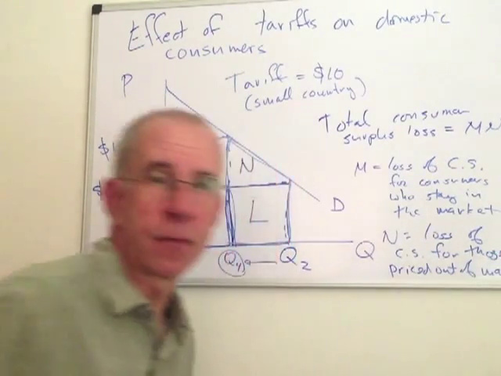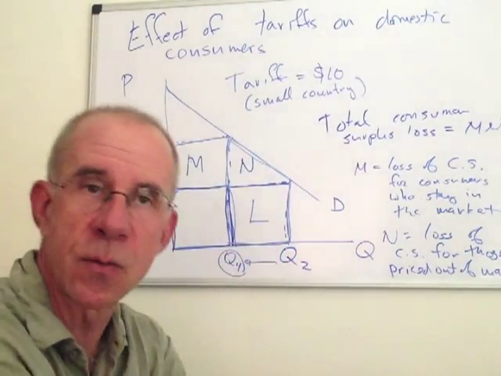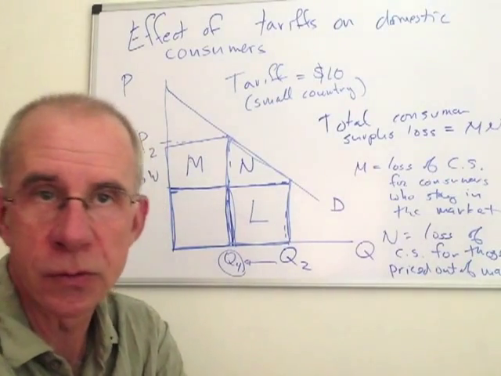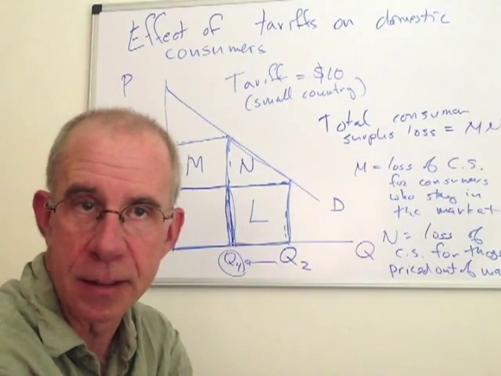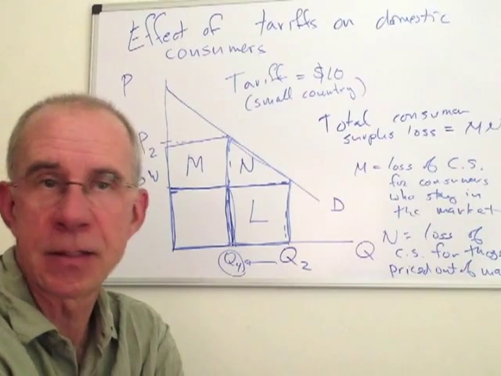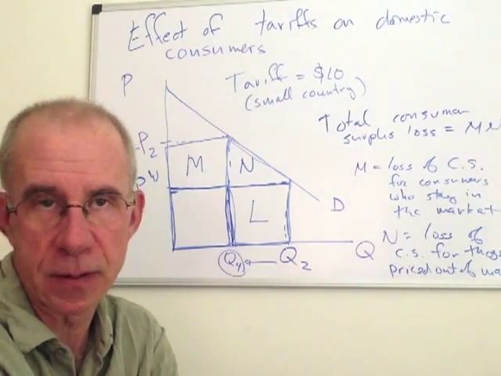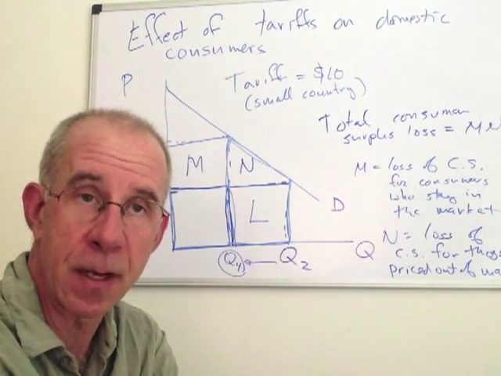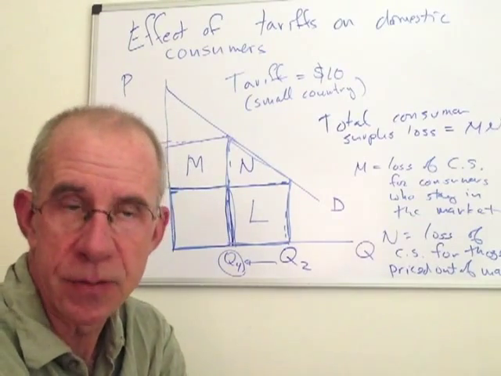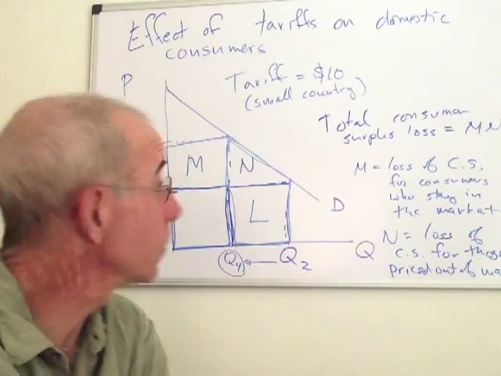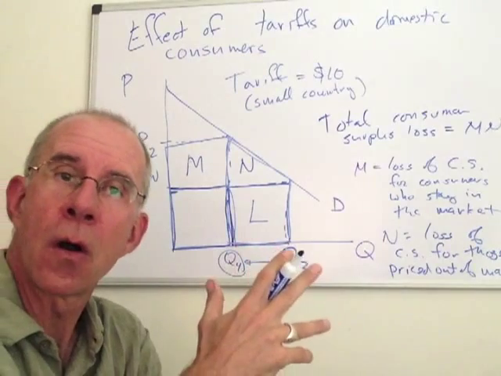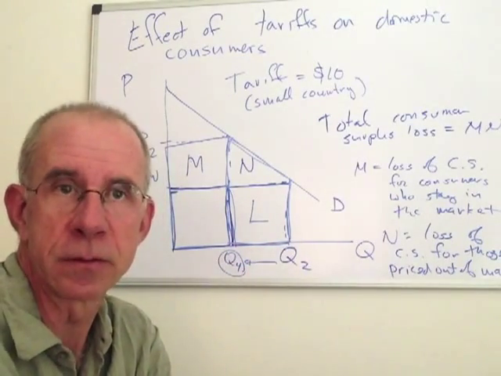Now, it's tempting for many people to think about the consumers in these cases as final consumers. Somebody walks into a store and buys a shirt and has to face a tariff because of government policy. Many times, the consumers that we're talking about here are actually industrial consumers.